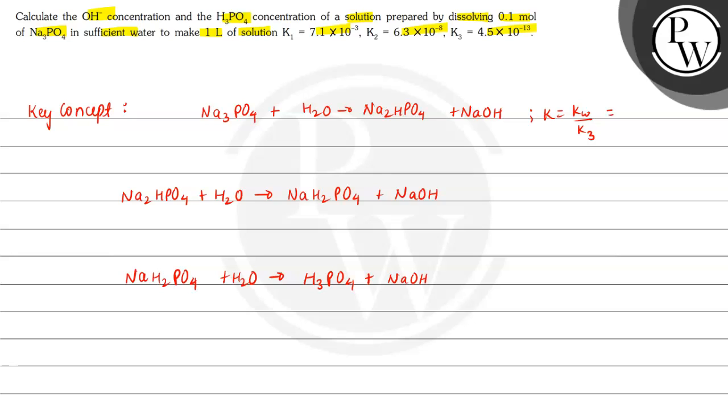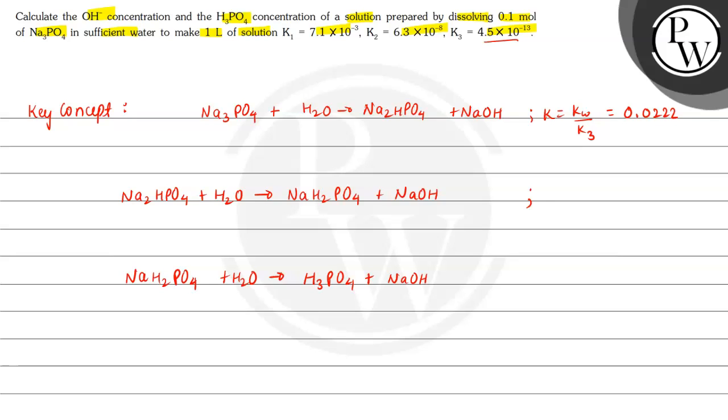So Kw, we know, is equal to 10 raised to power minus 14, and the value of K3 given here is 4.5 multiplied by 10 raised to power minus 13. On solving, this is equal to 0.0222.